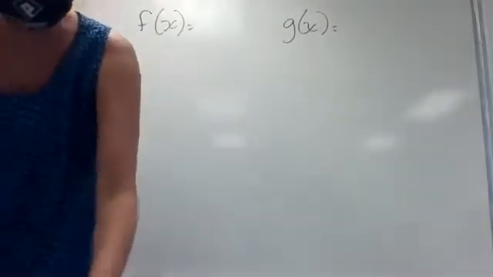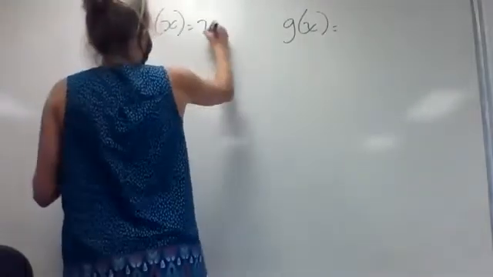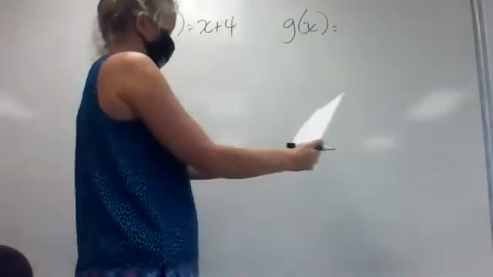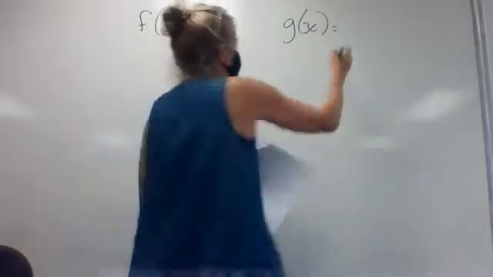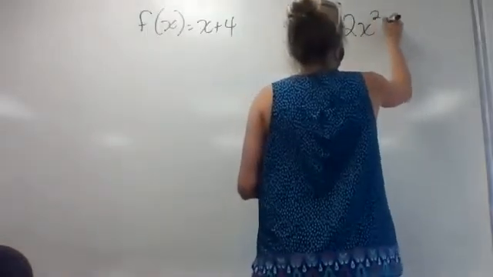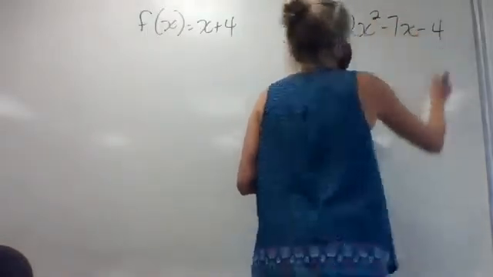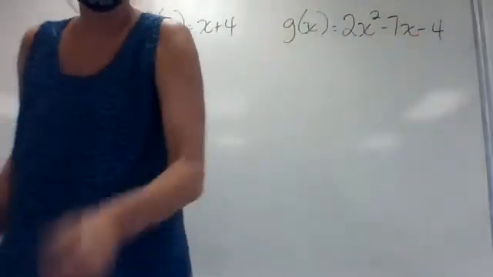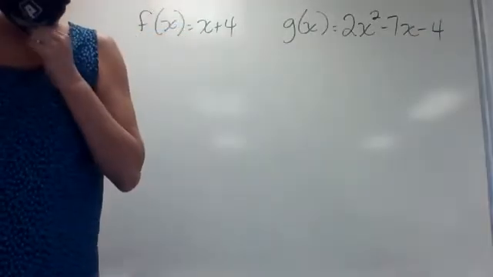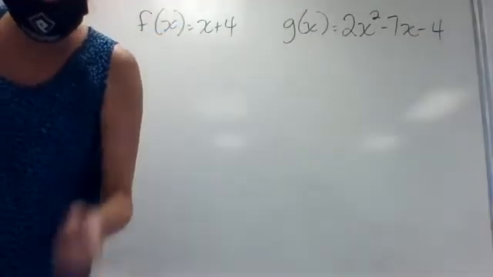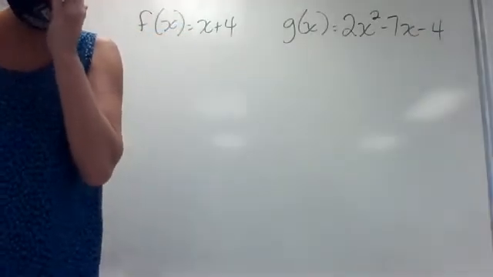f of x is x plus 4. g of x is 2x squared minus 7x minus 4. So we're going to find f of g of x.